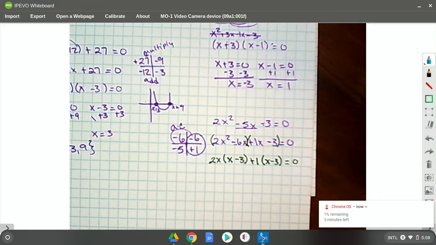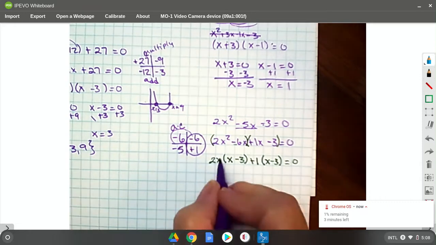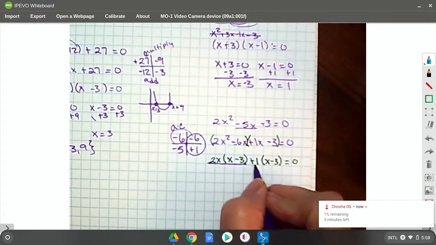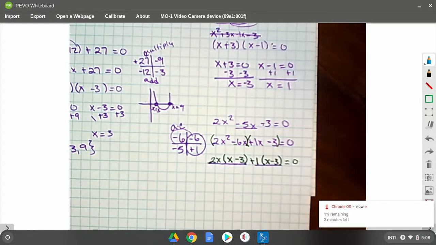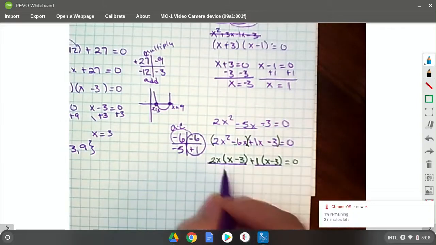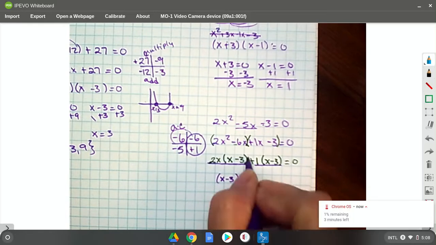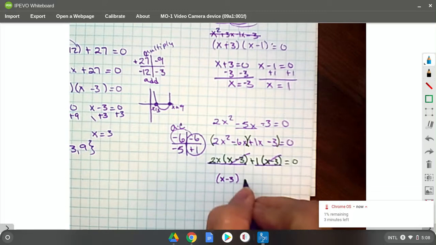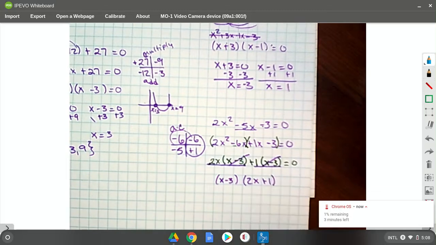All right, now I have two terms, 2x times x minus 3 and 1 times x minus 3. My x minus 3 is a common factor in both terms. So I'm going to pull that out. X minus 3. Pulled it out of both of those. All right, and then that's going to leave me with 2x plus 1.